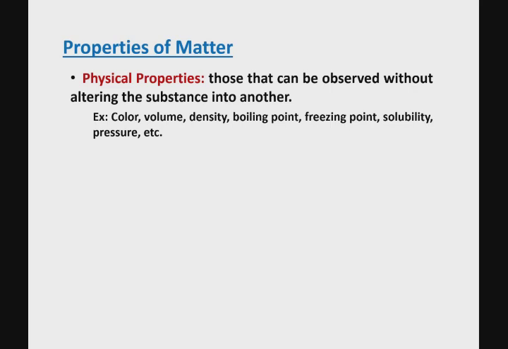For example, when you look at water, we know that at room temperature, it's a liquid. That's its physical property, because to make that observation, I did not have to change its chemical identity. Or that ice is less dense than water. Once again, it is simply observed but without having to change the chemical identity of either of the substances.